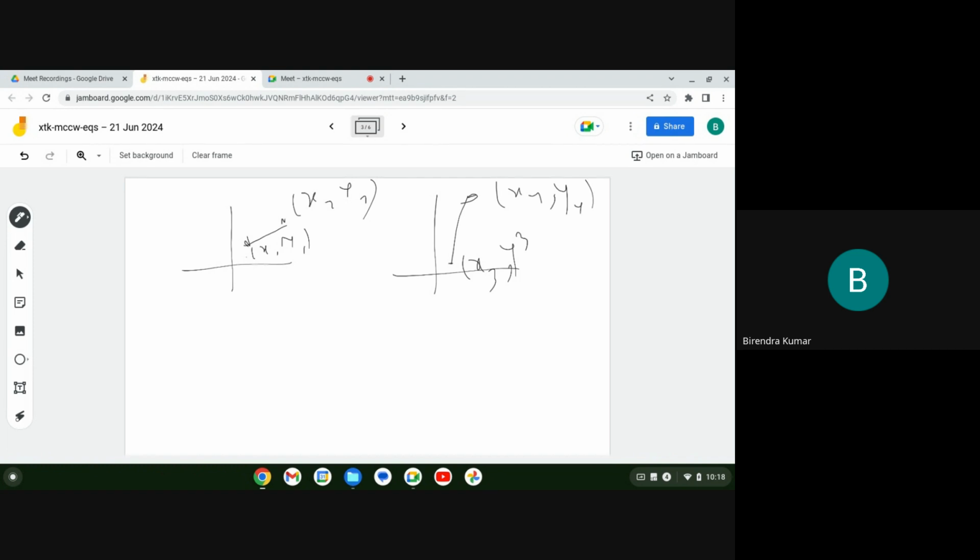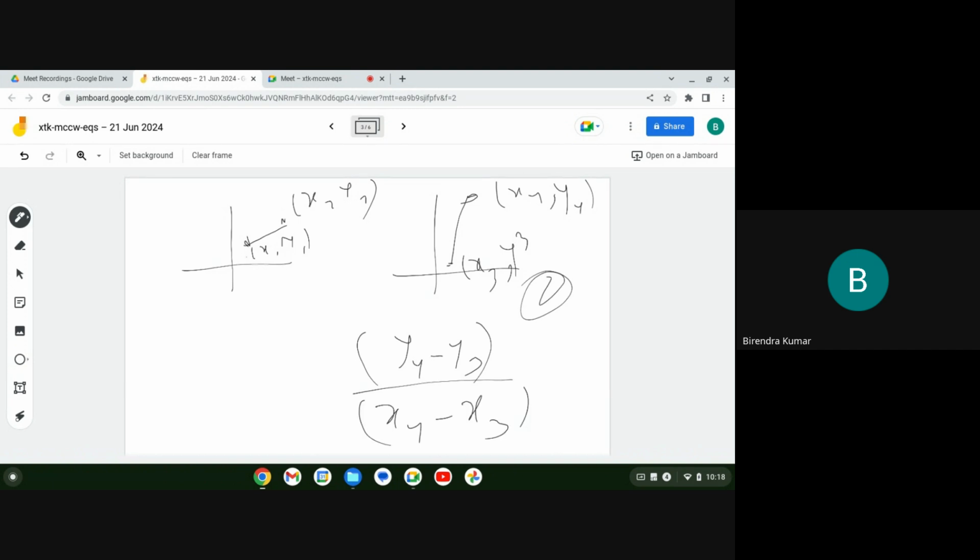What did I say? Slope. When I say slope is more, that means the value of y is changing faster for every change in x. So here, what is the change of y for every change of x? In the second case, the value of y changed from y3 to y4, so y4 minus y3 is the change in y. And what is the change in x? x changed from x3 to x4.